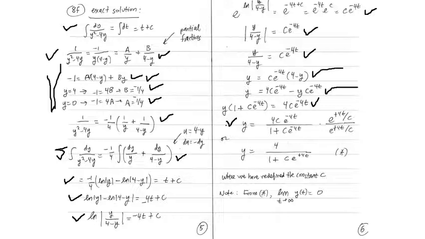That will introduce e to the 4t in one term in the denominator, and it will get rid of everything in the other term. So again, redefining the constant if we feel like it, we end up with our analytical solution here, where I've redefined the constant c again, and that's usually how you would write the analytical solution for a problem like this.